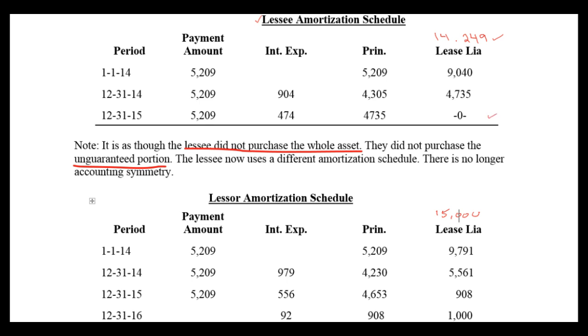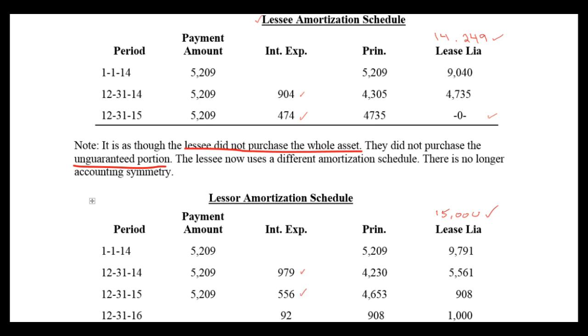But since the beginning amount was less than for the lessor, the interest expense for each period is less, and it ends with a zero balance. Notice also that the lessor's beginning balance of this amortization schedule included the residual amount, making it greater. So the interest was greater.